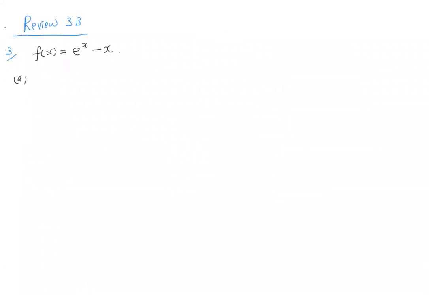Hello? Why do I need to differentiate in order to find the stationary point? Because I know that the gradient at the stationary point is 0. So when I differentiate, I get the gradient function. The key is the gradient at the stationary point is 0. So everyone has to remember, a stationary point has 0 gradient.